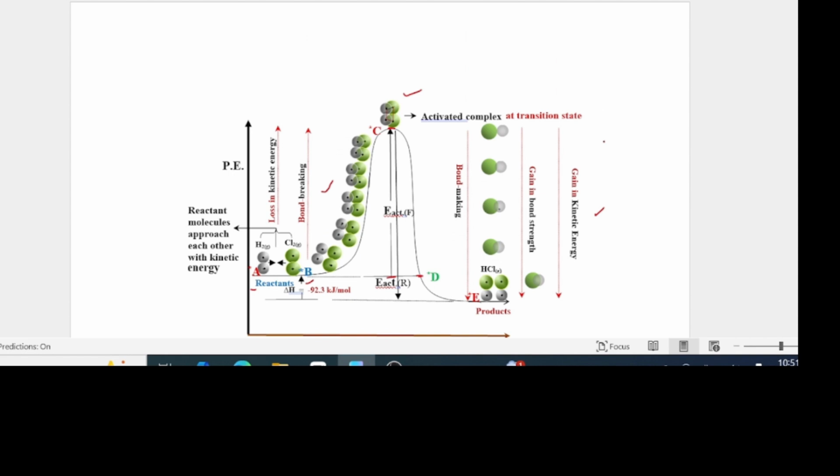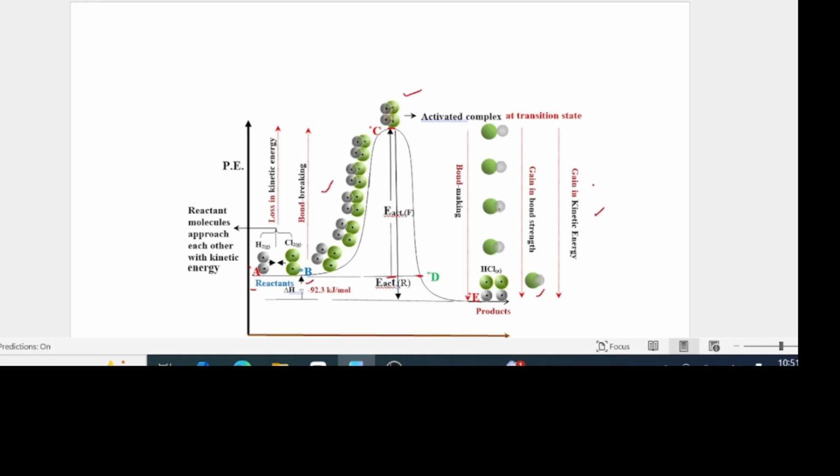According to this profile diagram here, the product molecules have greater bond strength than the reactant molecules. And as a result of that, the products will have less potential energy than the reactants. However, they'll have greater kinetic energy than the reactants.